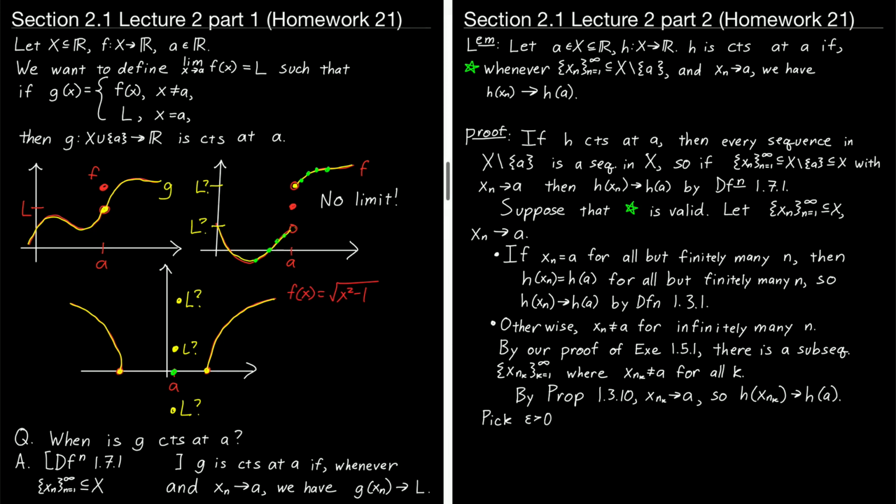You pick a positive epsilon, you let big N be a natural number such that if k is greater than or equal to N, then h of xnk minus h of A is less than epsilon.